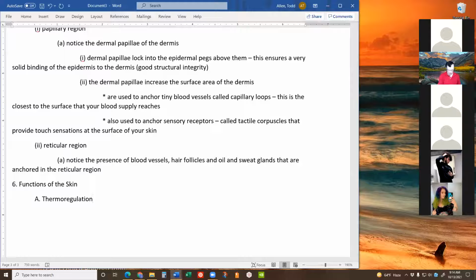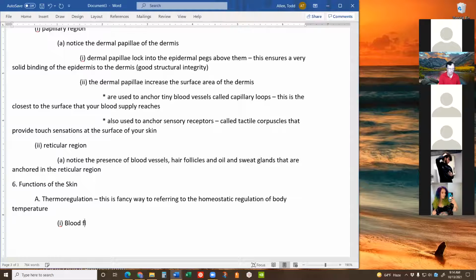Okay, thermoregulation. When we say thermoregulation, we're talking about the homeostatic regulation of body temperature. The basic idea here is that the anatomy of your skin has the ability to adjust the flow of blood.